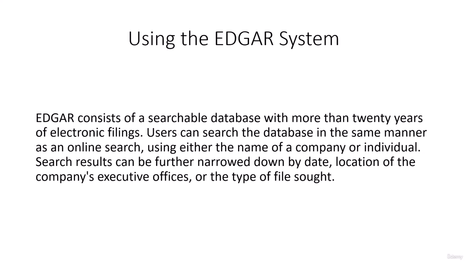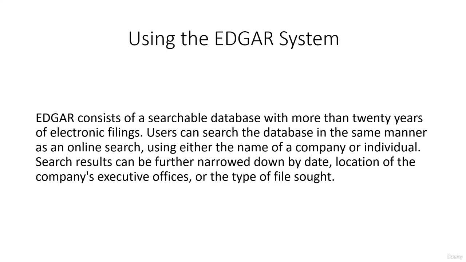Using the EDGAR system. EDGAR consists of a searchable database with more than 20 years of electronic filings. Users can search the database in the same manner as an online search, using either the name of a company or an individual. Search results can be narrowed down by the date, the location of the company's executive offices, or the types of files sought.